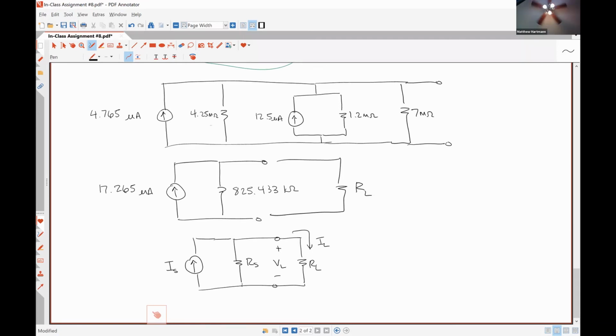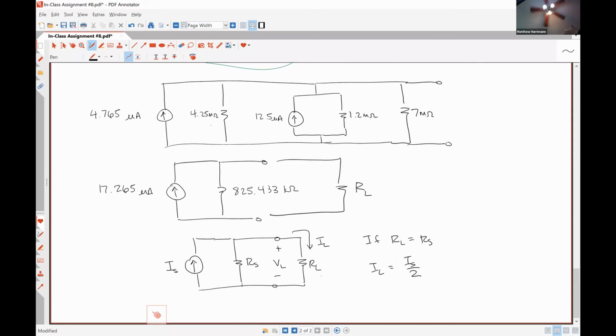And because a practical voltage source is electrically equivalent to a practical current source, the same condition must apply here. So if RL is exactly equal to RS, then IL is equal to IS over 2, because the current's going to split evenly between the internal resistance of the practical current source and the load resistance, where RL is equal to RS.